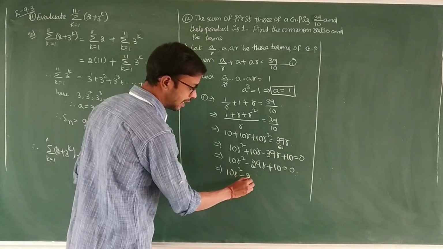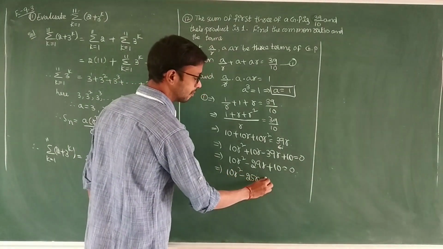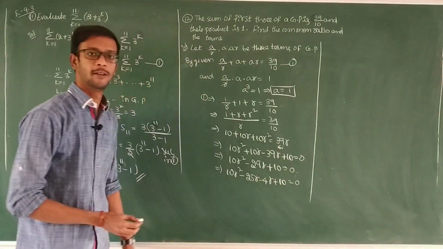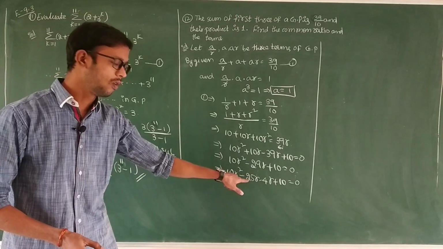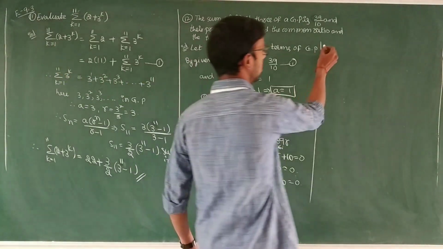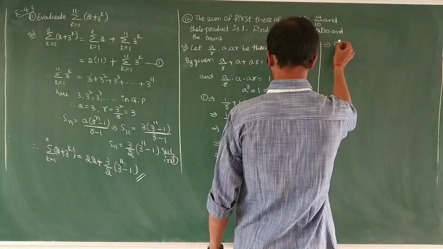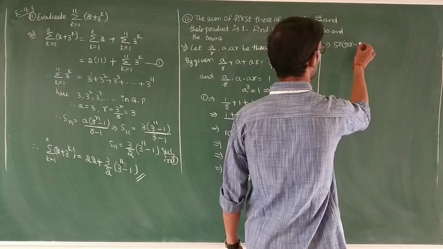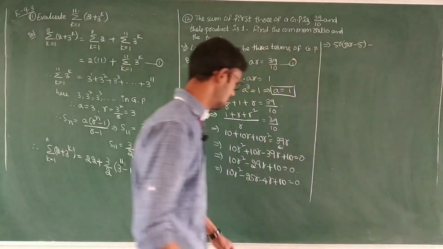10r square minus 25r minus 4r plus 10 is equal to 0. So now, what can we take common in the first two? 5r take common, 2r minus 5 you will get.